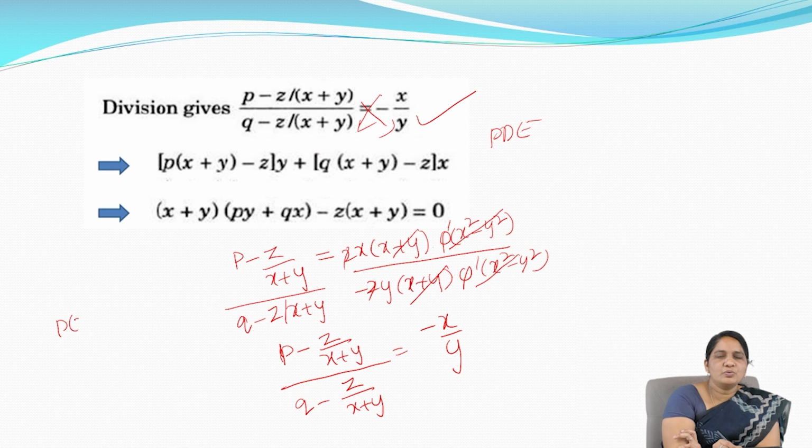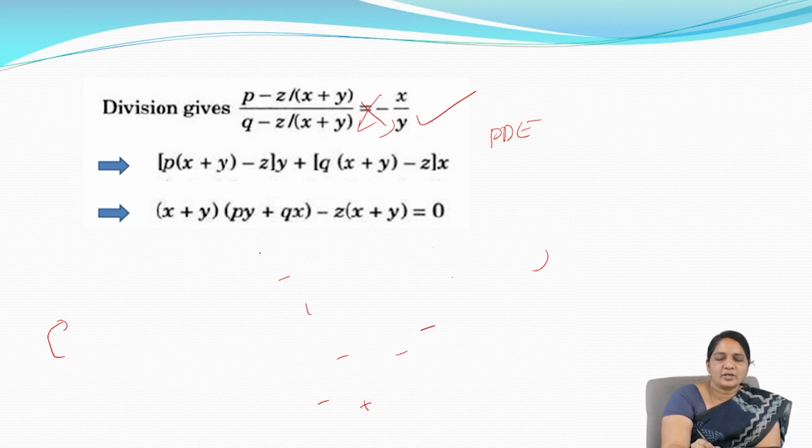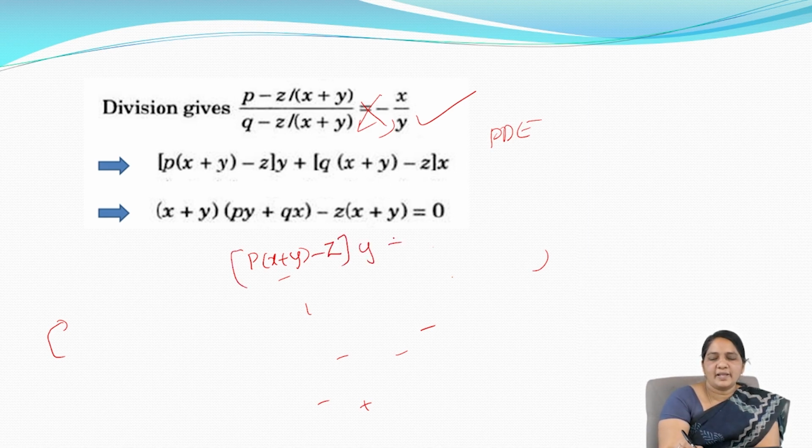So p into (x plus y minus z) into y, here please see this simplification. When I am doing the cross multiplication, p into (x plus y minus z) into y plus q into (x plus y minus z) into x equals 0.